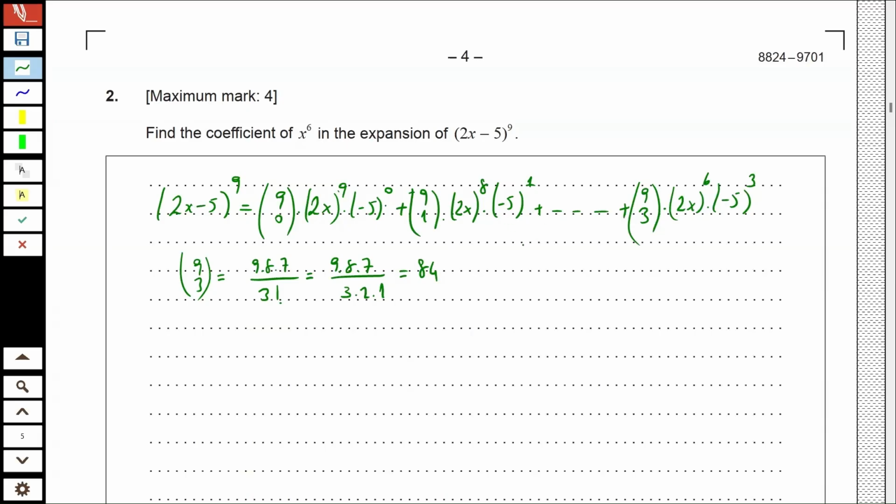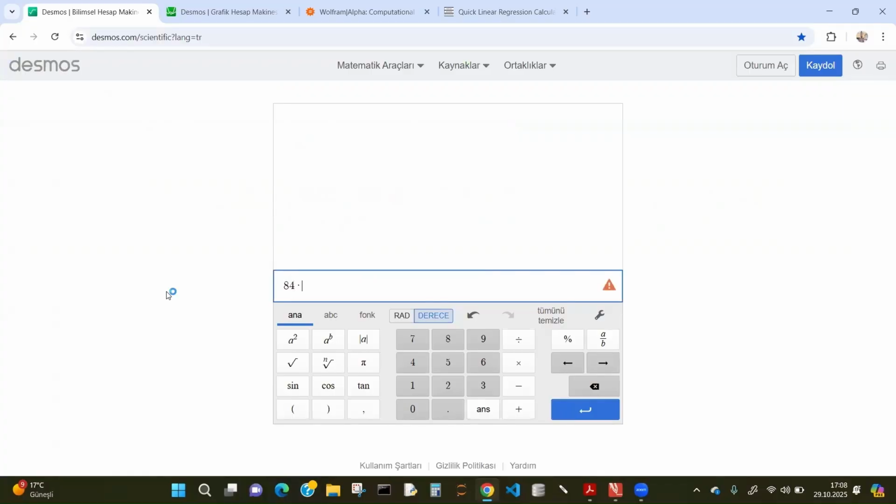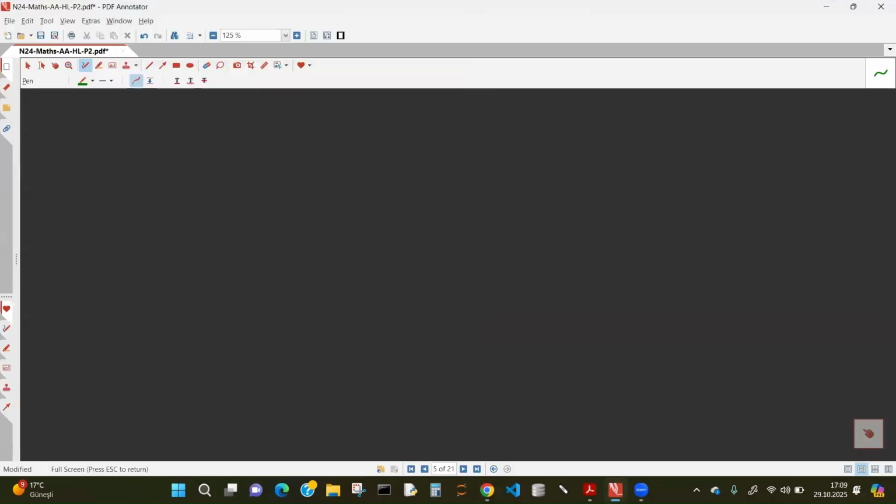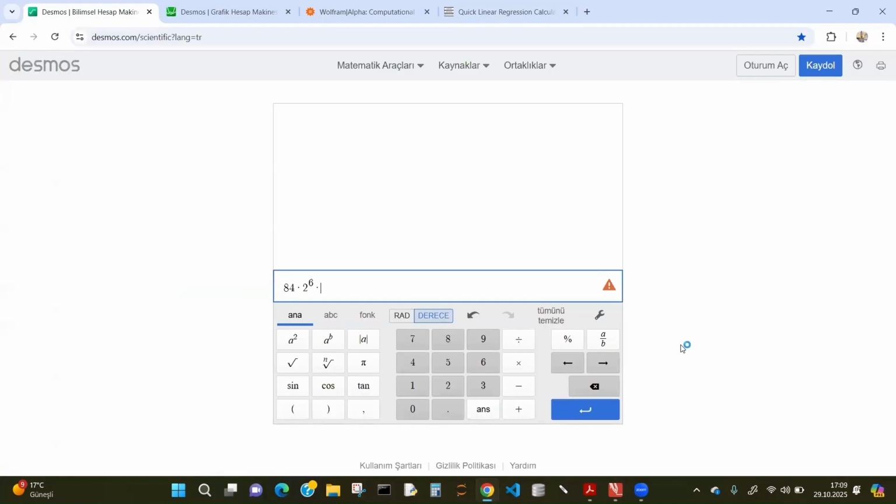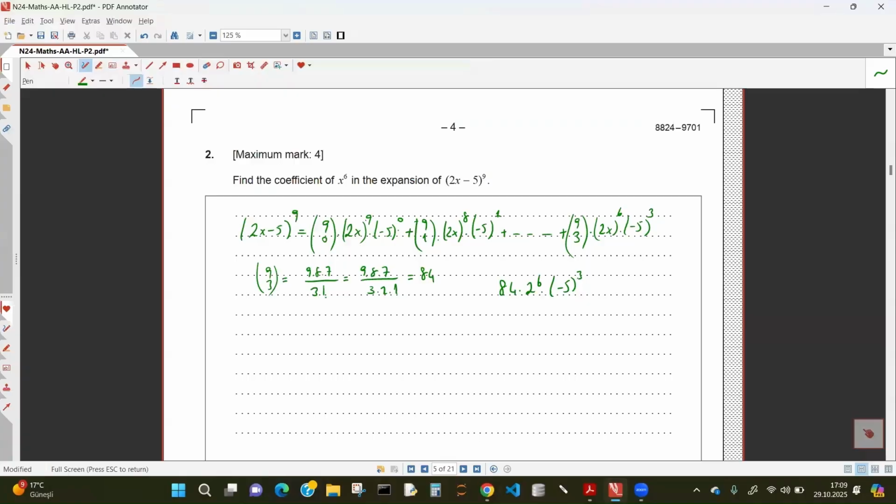So if you multiply 84 and 2 to the power of 6 and minus 5 to the power of 3, the answer is minus 672,000.